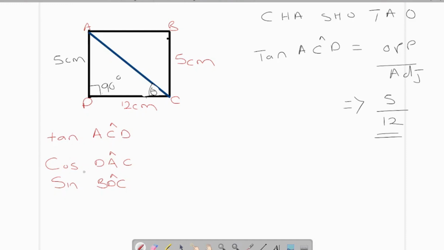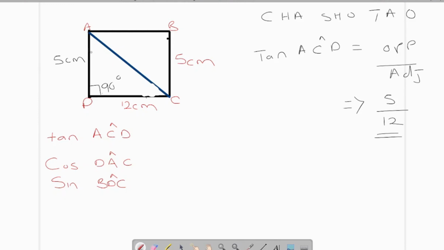And the second one is saying calculate cos DAC, in our triangle DAC. Like I said, whenever you see this symbol, it means our theta is at A. Previously our theta was here at C, but now it moved to A. So we are going to put our theta at A, which means our sides are changing.